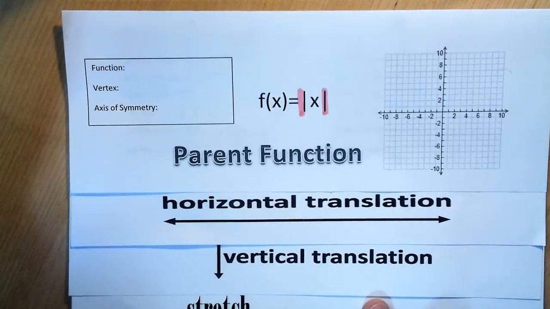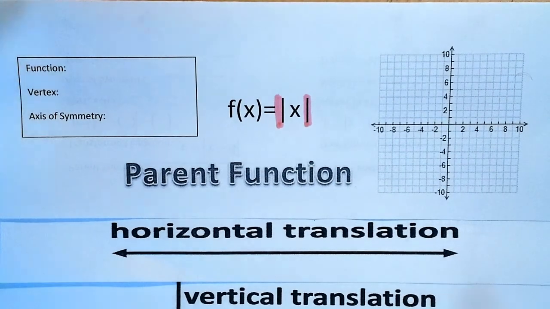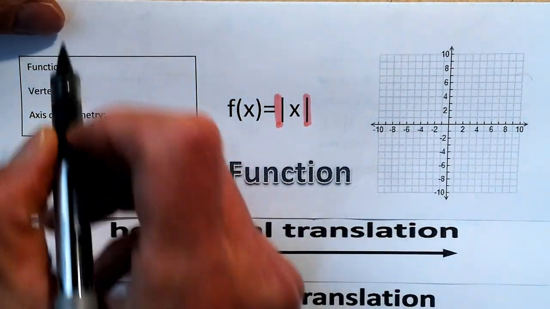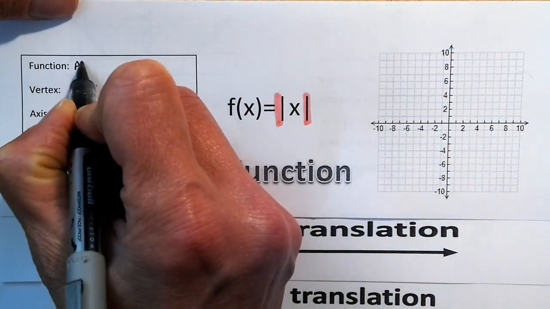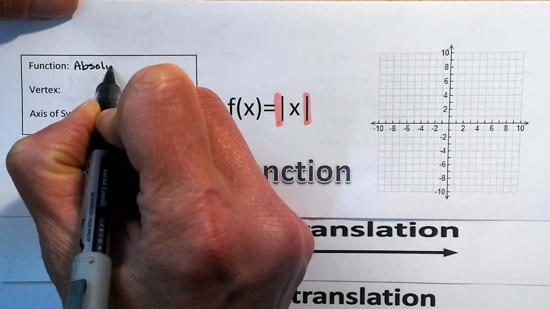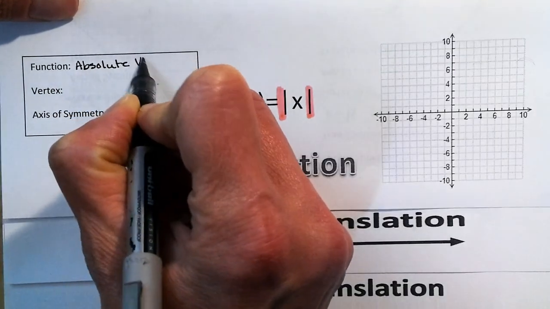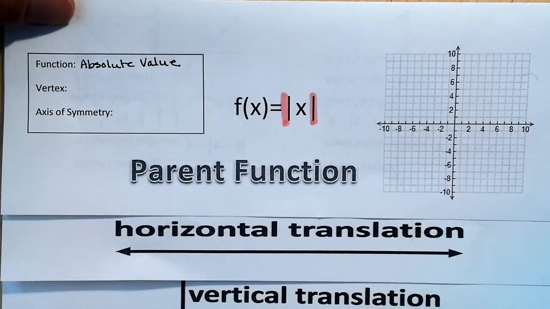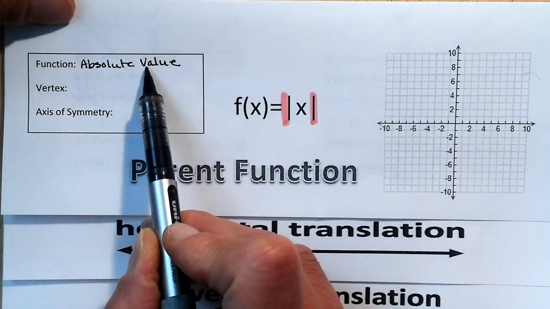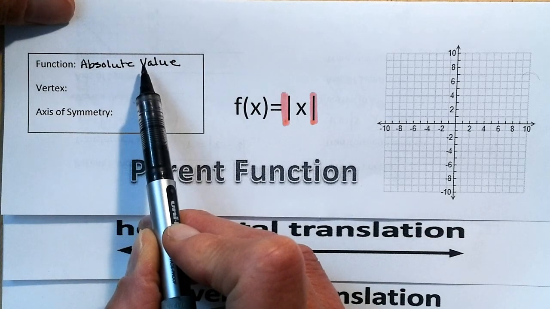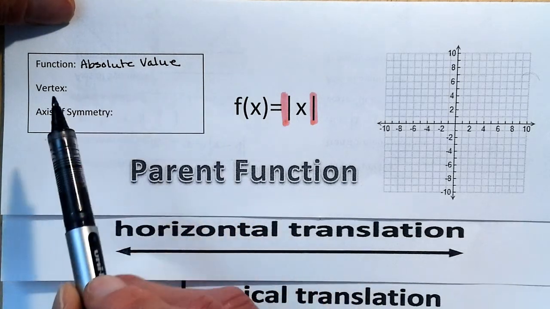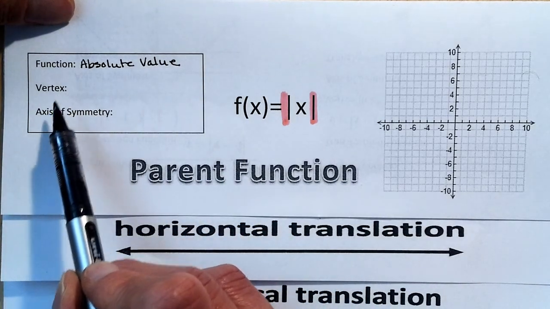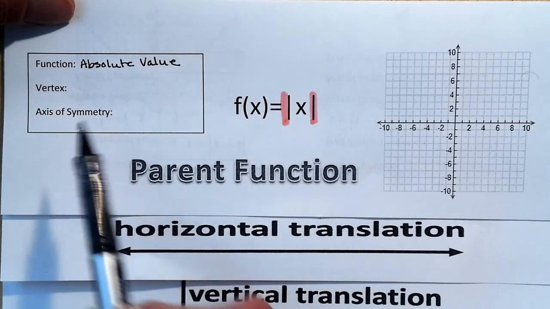I'm going to go ahead and just zoom in to that very top one. So the name of the function is absolute value. And you can remember absolute value because the graph is going to make the shape of a V, as in value. Okay, so we have some vocabulary here: vertex, axis of symmetry.